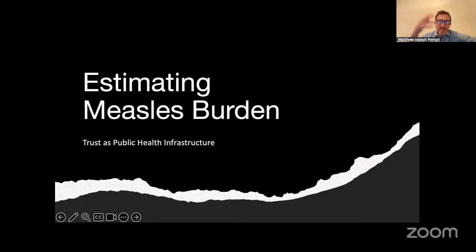And this meant that the estimated burden that was coming out of WHO HQ in Geneva didn't necessarily track with the year-to-year fluctuations due to outbreaks that many countries were seeing and were seeing in their clinic-based surveillance system.